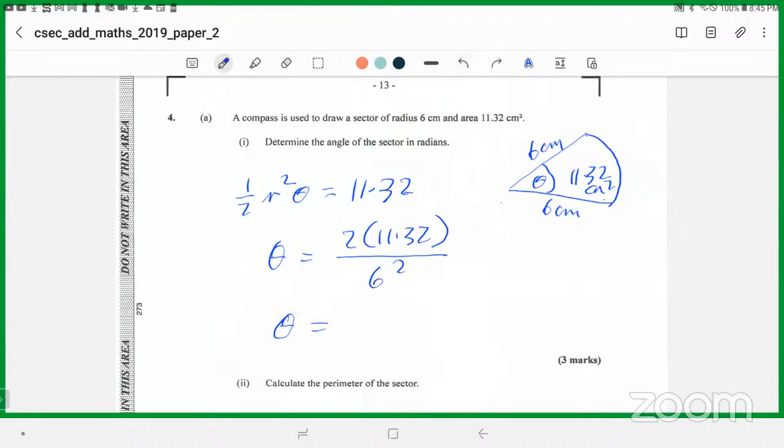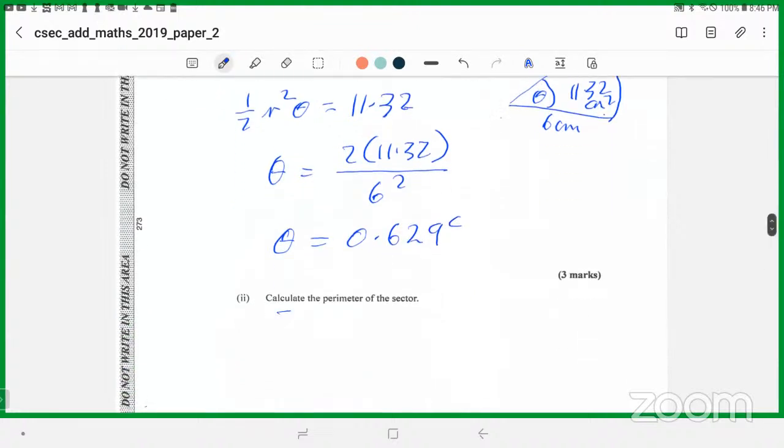Can somebody work that out for me, please? 0.629. Okay, 0.629 radians, that is the sector angle.